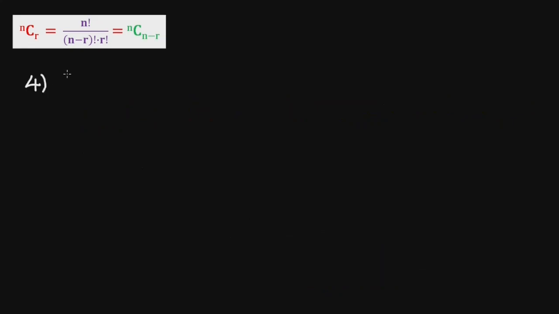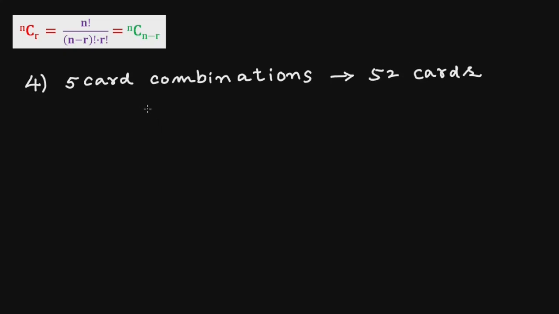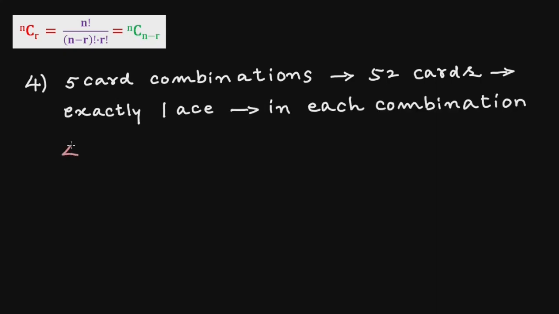Determine the number of 5 card combinations out of a deck of 52 cards if there is exactly one ace in each combination. There are 4 aces in a pack of 52 cards, and since there must be exactly one ace, one ace out of 4 aces can be selected in 4C1 ways.